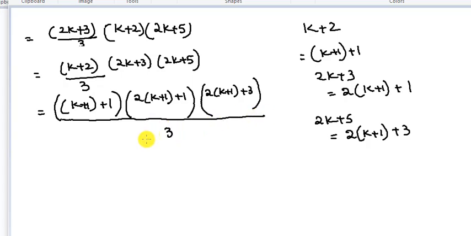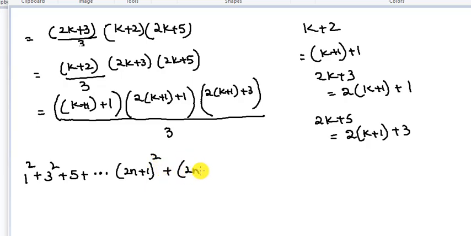And you see, my friend, what we wrote is 1 square plus 3 square plus 5 square plus up to 2n plus 1 square plus 2n plus 3 square.